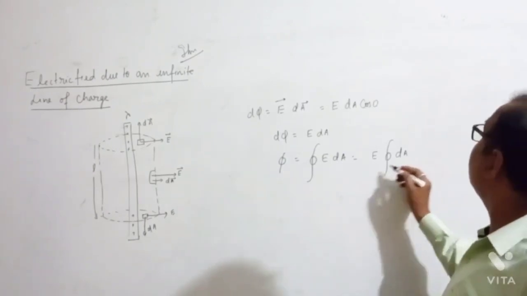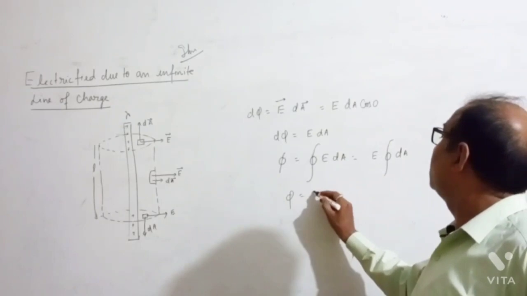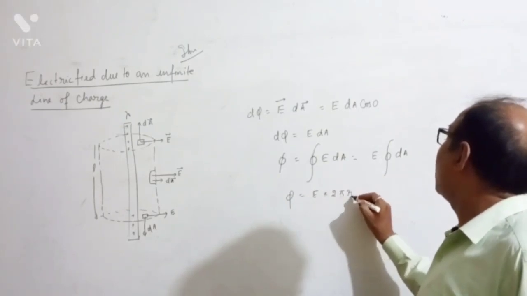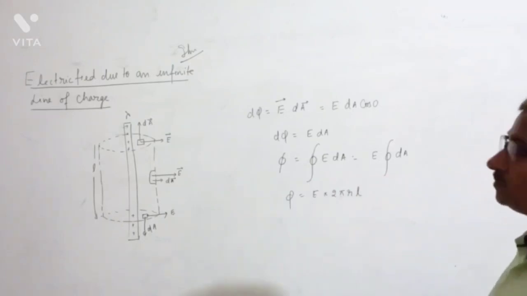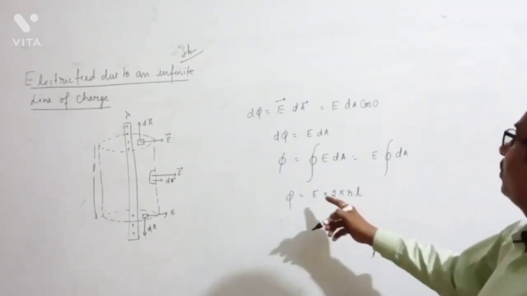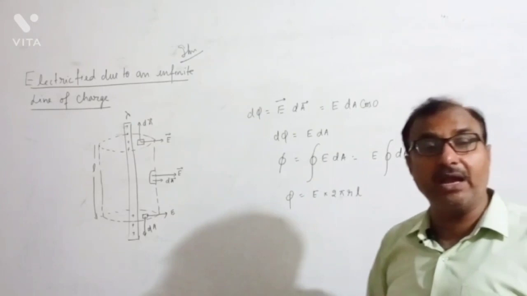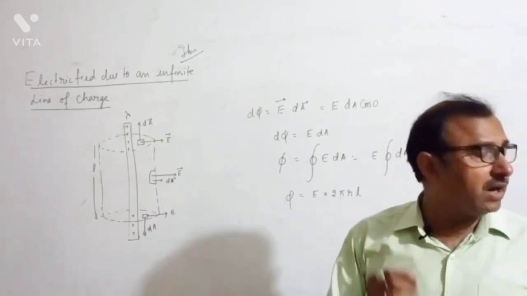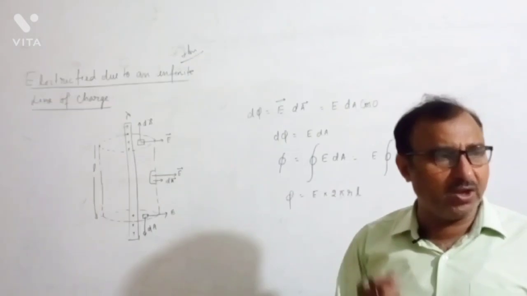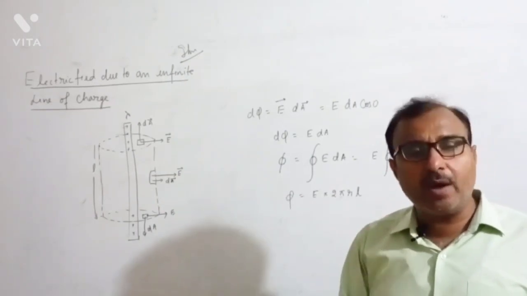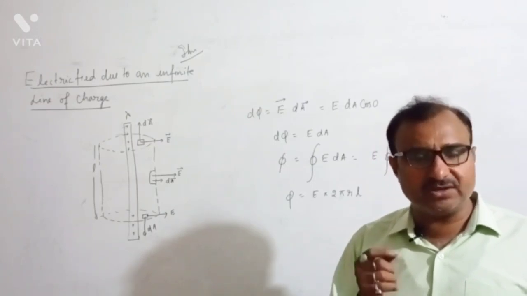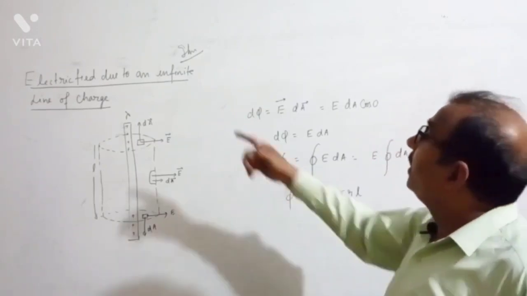As you know, by Gauss's theorem, the electric flux passing through any closed surface is 1 upon epsilon 0 times the total charge enclosed by the surface. Here the total charge enclosed is linear charge density lambda times length L, so lambda L. Normally we write Q upon epsilon naught.